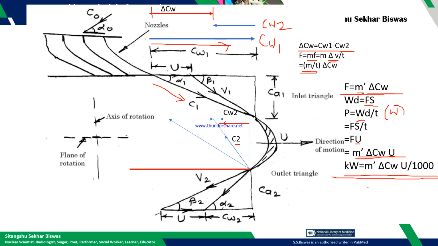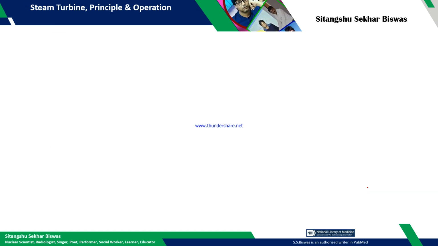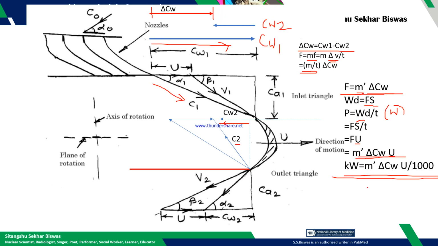This is the vector diagram, or it is called the velocity triangle of the turbine. So our discussion today is up to this. This is a very simple concept, but to understand the entire analytics of the turbine and its dynamics, you should understand this velocity triangle perfectly.